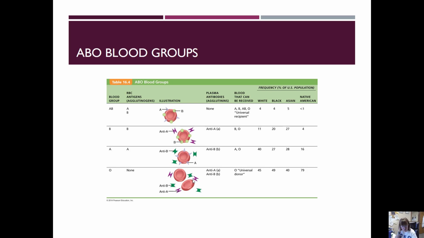And so let's say she gets pregnant again, and because the father of the baby is Rh positive and he passes that Rh positive factor on to his offspring, now we have Rh factor floating around in that placental blood, the fetal portion of the placenta.